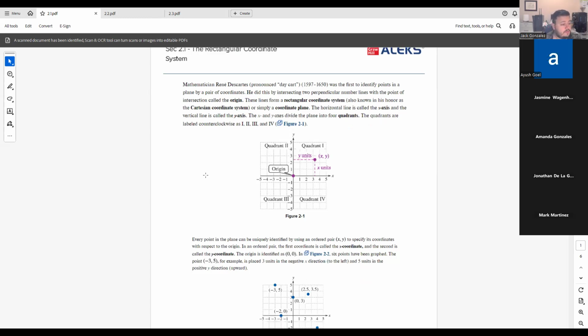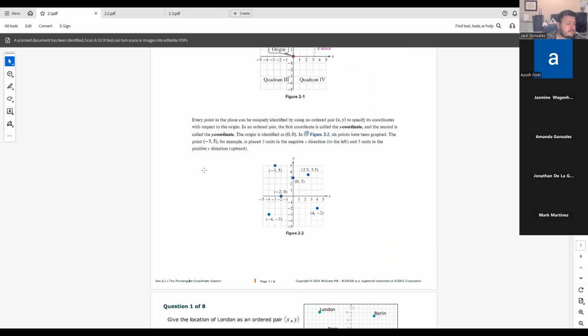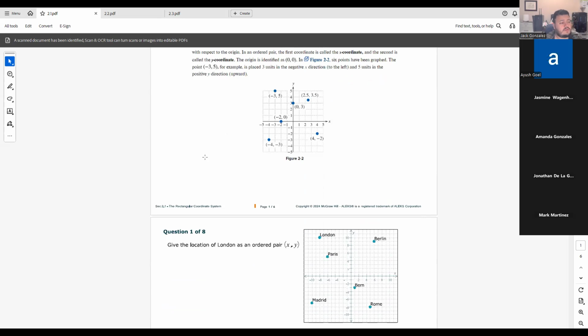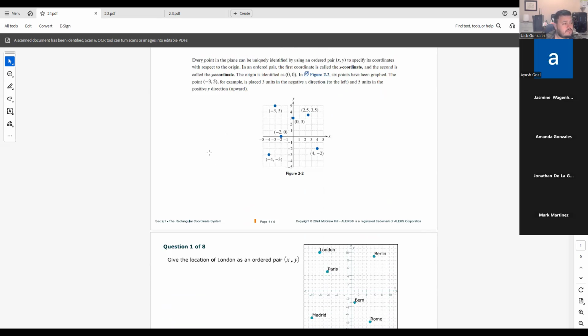Okay. So the first few questions in the homework and in the example are really just, can you plot some points? Can you give the numbers for the locations? Okay, so just real quick. They're saying, here's the location, negative 3, 5 right here.